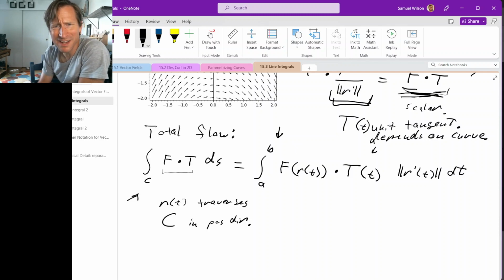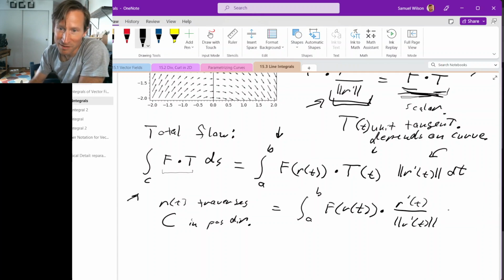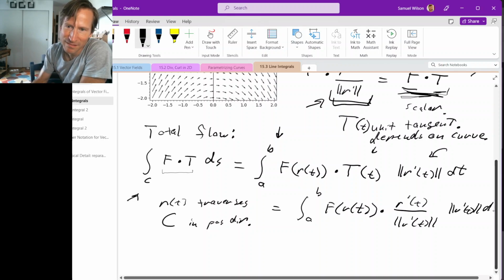Okay. So this is the big mess that we get when we parameterize this integral. But actually something nice is happening. Look up here, capital T is r prime over length of r prime, but here's the length of r prime. So if we sort of unpackage capital T, we get the integral from a to b of F of r of t dotted with r prime of t over the magnitude of r prime of t, times the magnitude of r prime of t dt. And then we can simplify this.